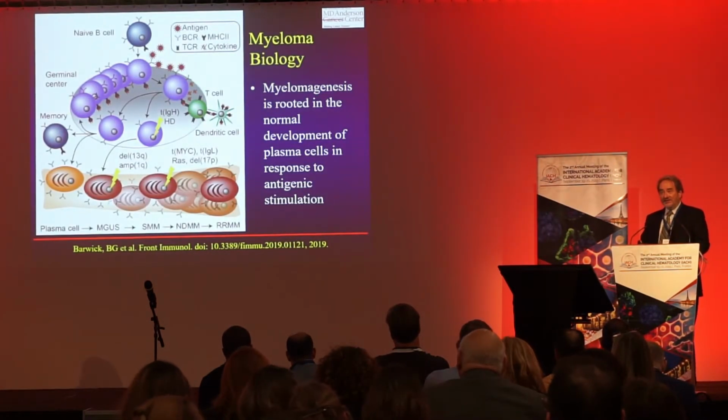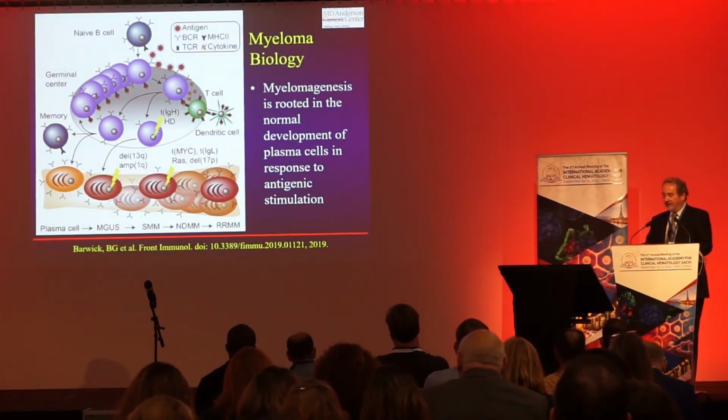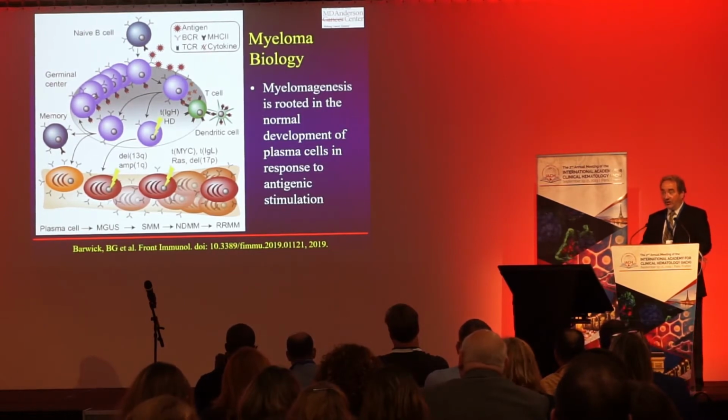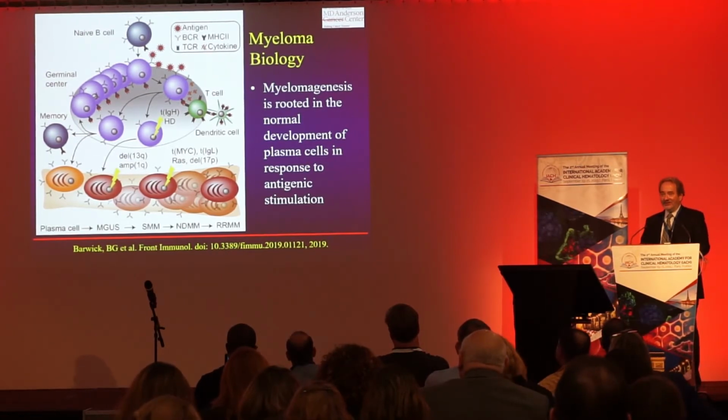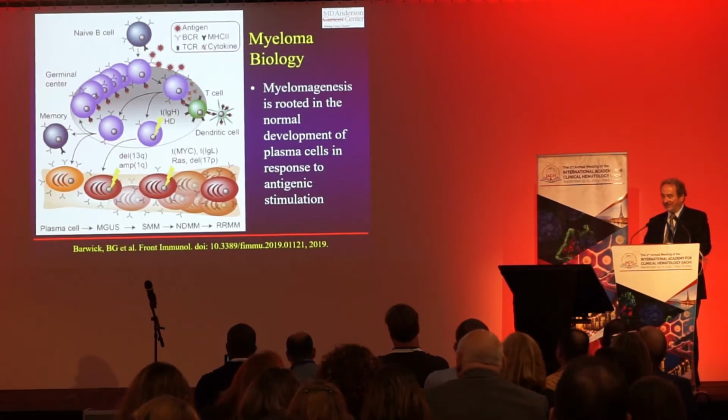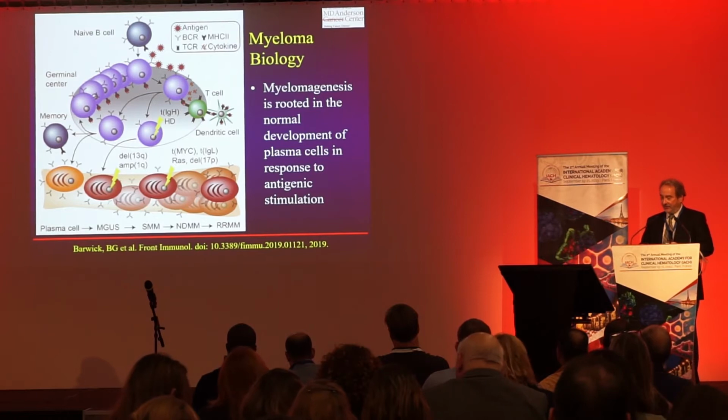We know some things about myeloma biology, although certainly not as much as we would like. The development of myeloma is in part rooted in the normal development of plasma cells in response to antigenic stimuli. And unfortunately, at times, things can go wrong.